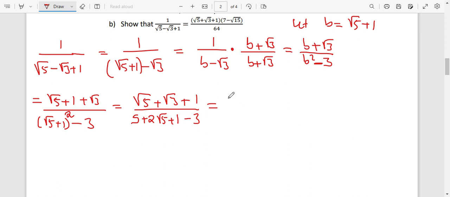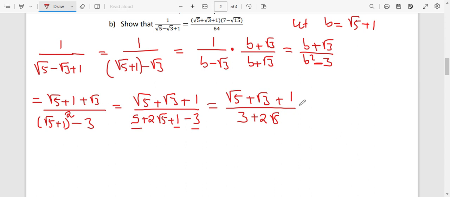So this will again give you square root of 5 plus square root of 3 plus 1 divided by, you can add like terms, 5 plus 1 is a 6, minus 3, that will give you a positive 3, and then plus 2 square root of 5. Are we together?